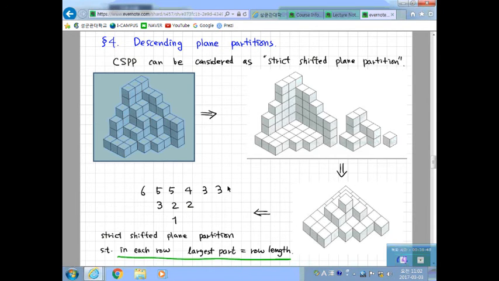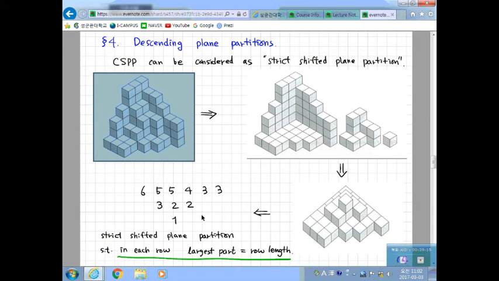And for the second floor, 3, 2, 2, but shifted to the right by 1. And 1 box over here. This kind of array is called a shifted plane partition, because the integers are shifted to the right in each row.